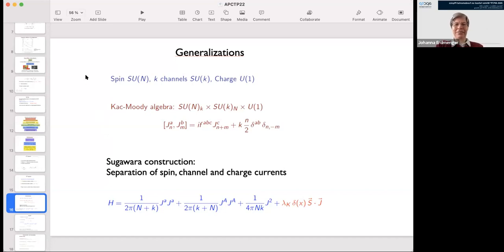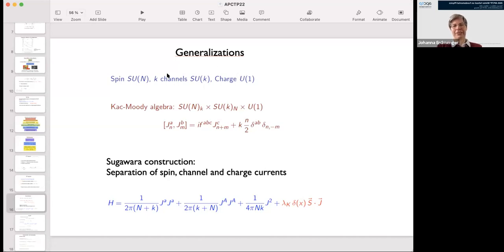So let's assume that we generalize our model, and so we don't just have an SU(2) spin, but an SU(N) spin. And then we take several flavors of electrons, which are called channels in condensed matter physics. And then we have SU(K) flavor symmetry. And then because the electrons are also charged, we have a U(1) charge symmetry.